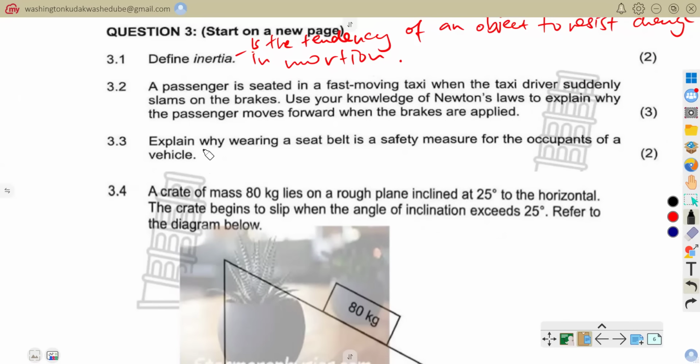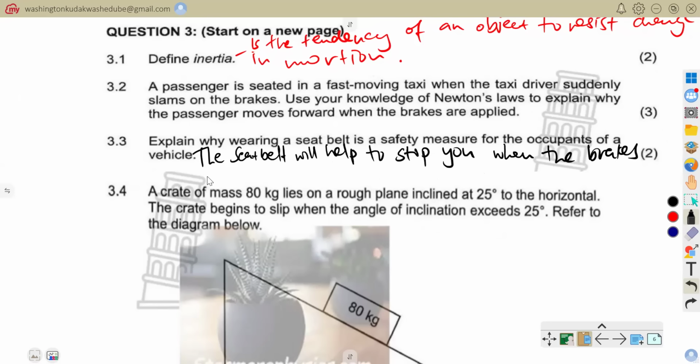So you can say that the seat belt will help to stop you when the brakes are applied.